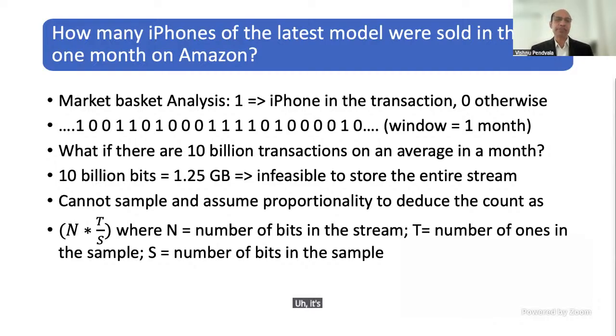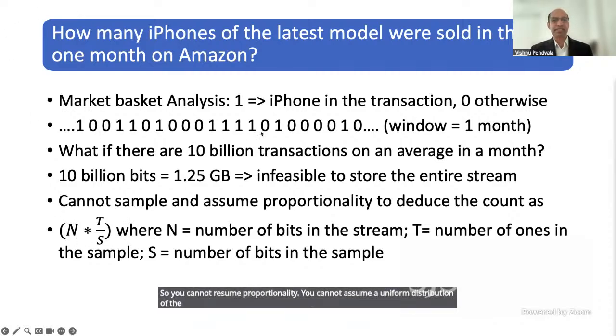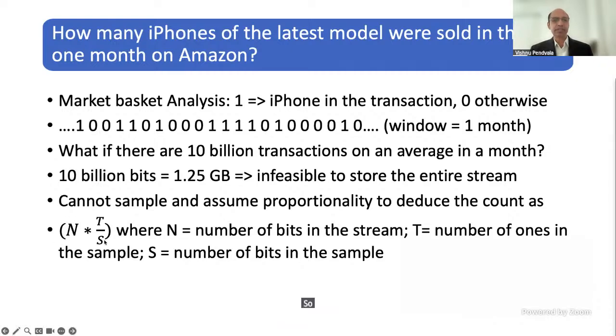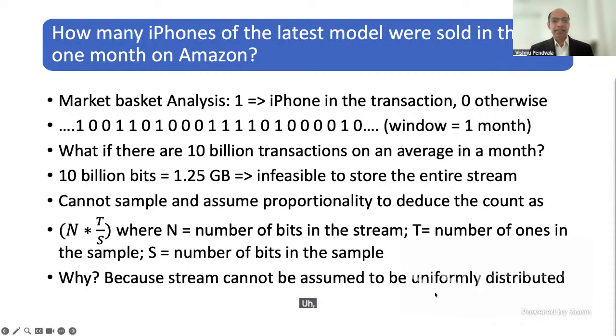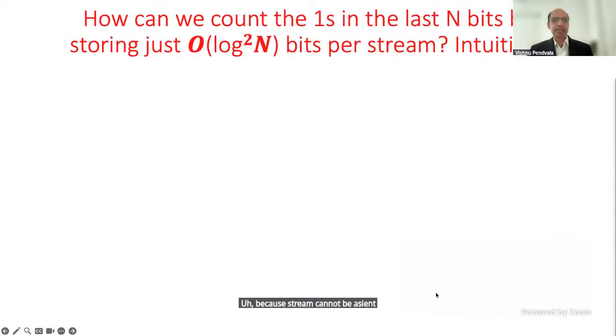It's non-uniform, so you cannot assume proportionality. You cannot assume a uniform distribution of the ones and zeros, because the stream cannot be assumed to be uniformly distributed.